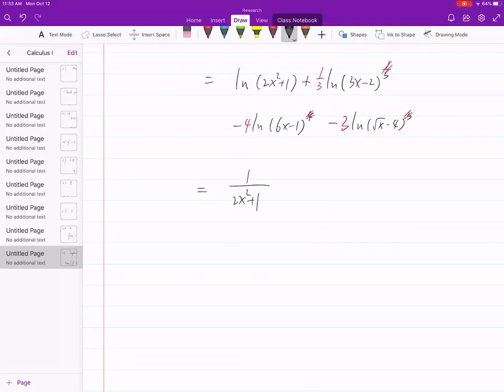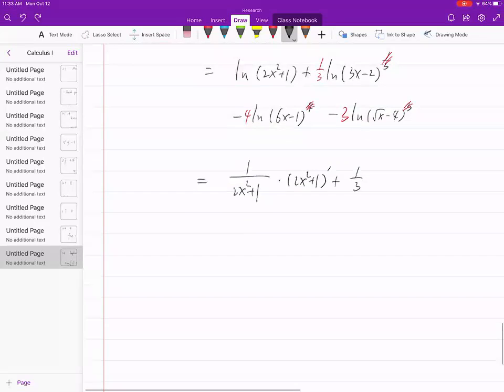For ln, 1 over x, right? Times the derivative of the inside, so chain rule. The 1/3 is just 1/3. I want to focus on the second part. What's the derivative of ln of 3x minus 2? That's going to be 1 over x times this.